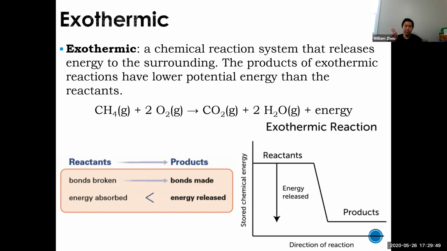An exothermic reaction releases energy into the surroundings, right? So the system itself would have lower energy at the end. So this is burning methane. You break the bonds, you consume some energy to break the bond, but the new bonds that you make release a lot more energy than that. So you have a net loss of energy. So the products have lower energy than the reactants. Energy is released. Okay, if you release energy, the reaction is exothermic.